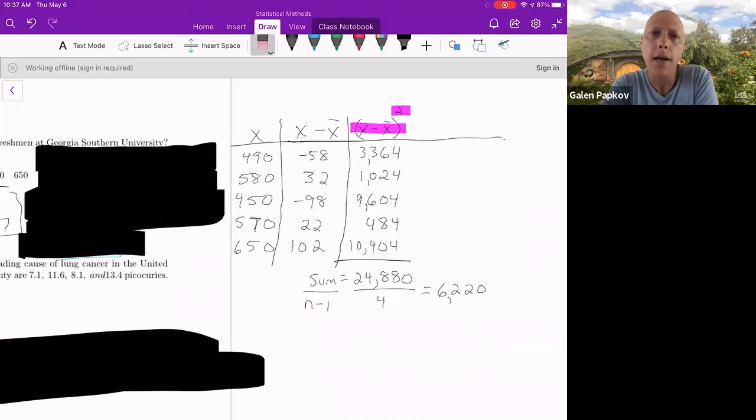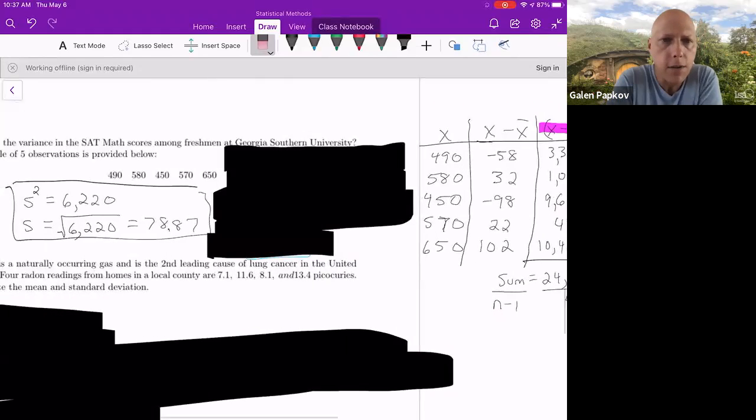And we divide that by n minus 1. Remember, there's 5 observations, so that's 5 minus 1 is 4. And 24,880 divided by 4 gives us 6,220, which is the center value that I have on the left side there. That's the sample variance.